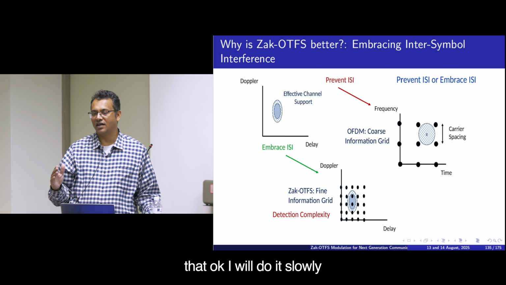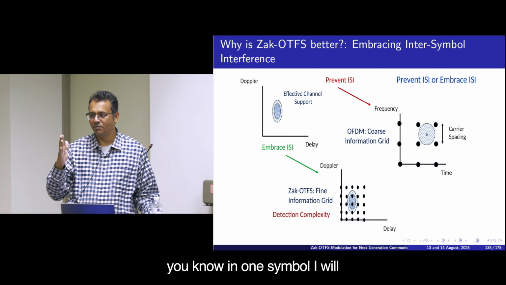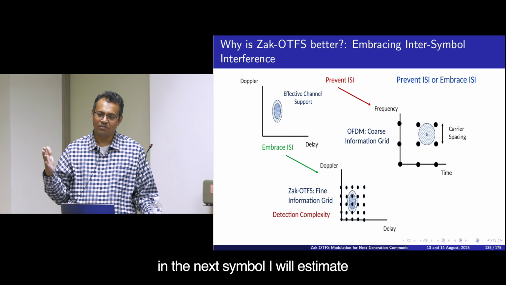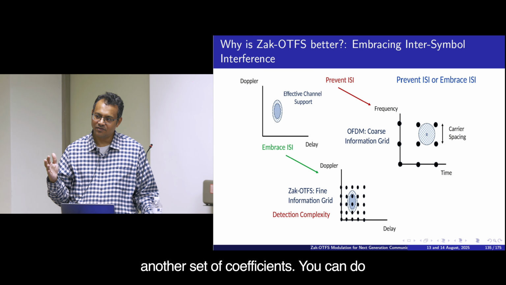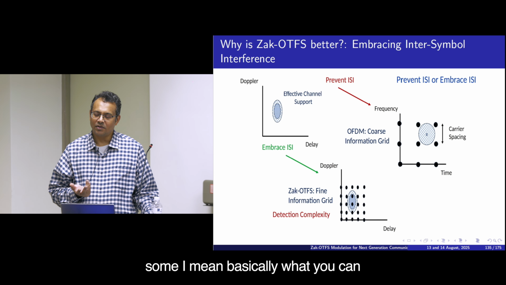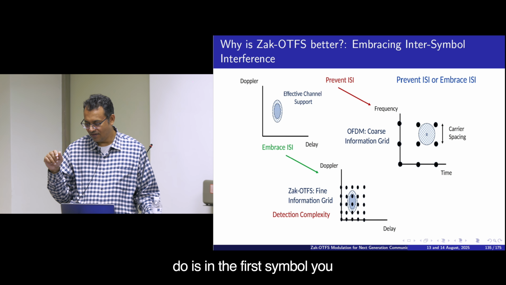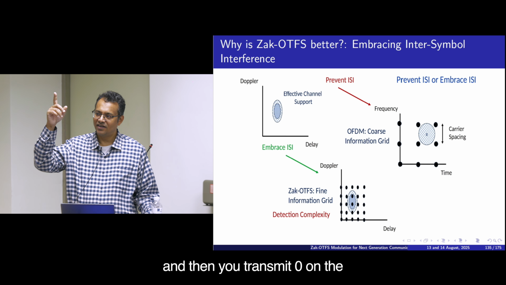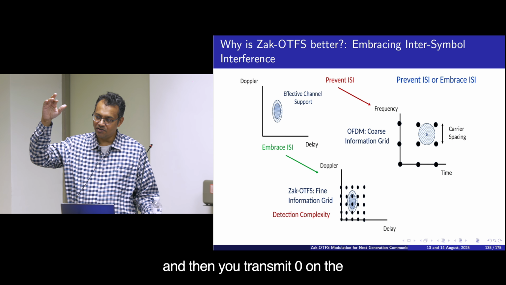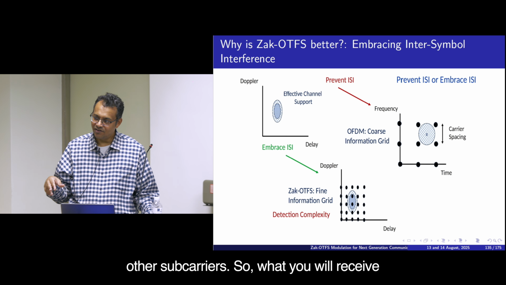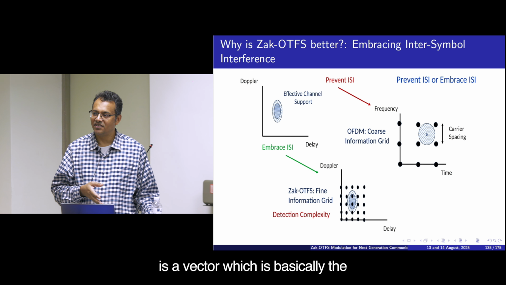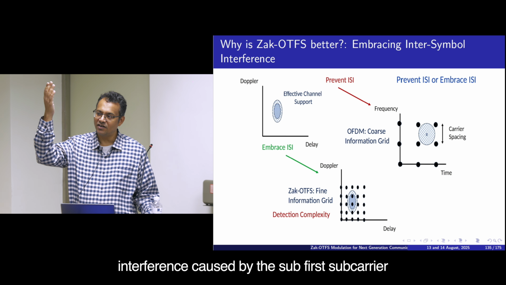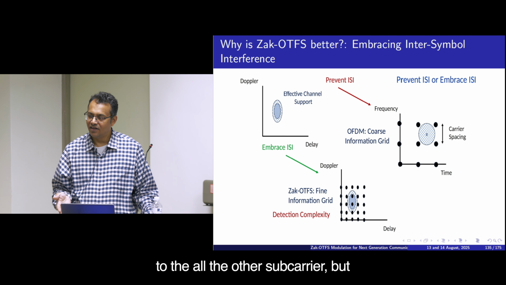You may say that I will do it slowly: in one symbol I will estimate this, and in the next symbol I will estimate another set of coefficients. Basically, in the first symbol you transmit a 1 on the first subcarrier, and then you transmit 0 on the other subcarriers. What you will receive is a vector which is basically the interference caused by the first subcarrier to all the other subcarriers.